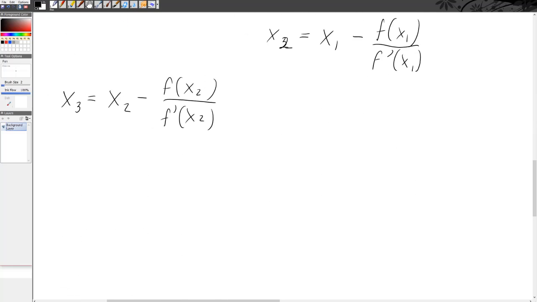Then we can actually continue on to get as close of an approximation as we like. And all of this really amount to the following. xn plus 1 is equal to xn minus f of xn over f prime of xn.